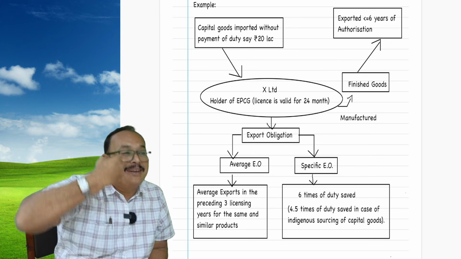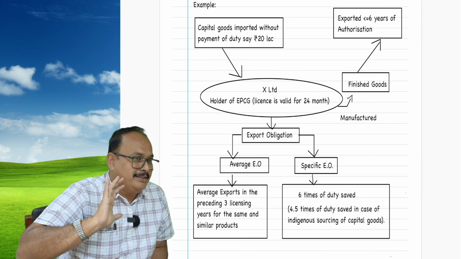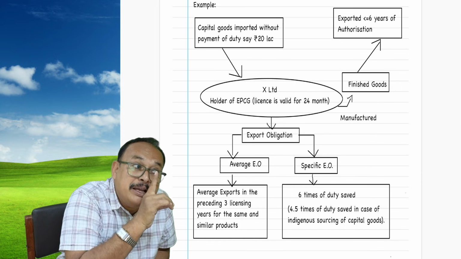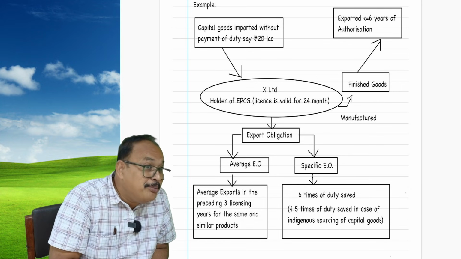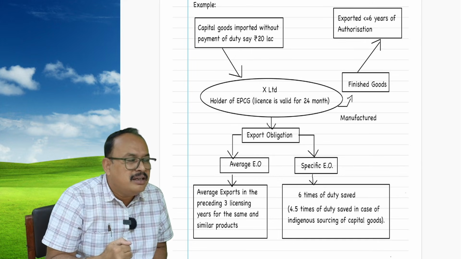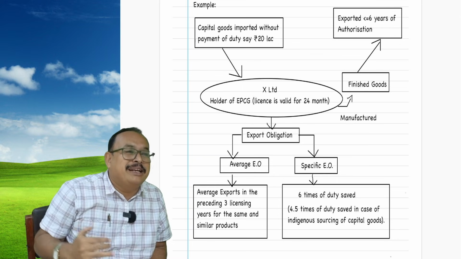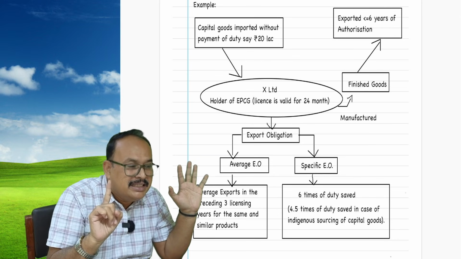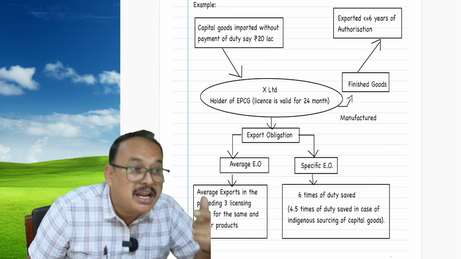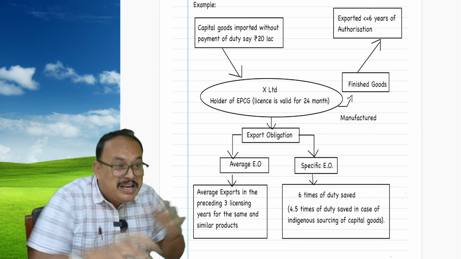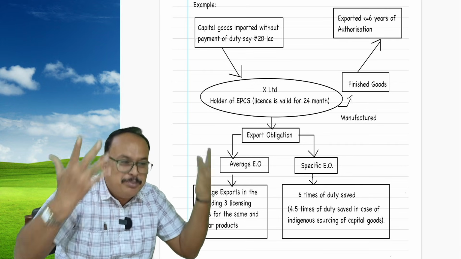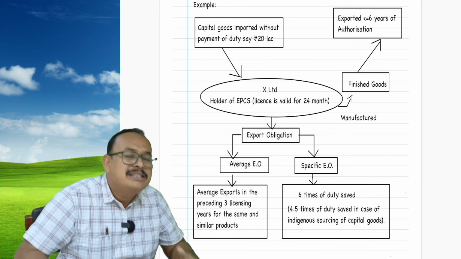Now here, one more advantage is given, Raja. In case you are able to export 75% of the specific export obligation within less than half of the total obligation period, which is 6 years, so 50% means 3 years, and this fulfills 100% of the average export obligation, then the balance export obligation is not required to be fulfilled. It is treated as export obligation redeemed.